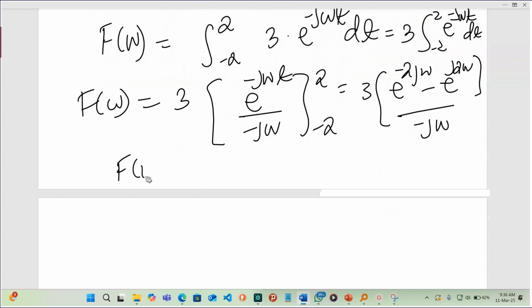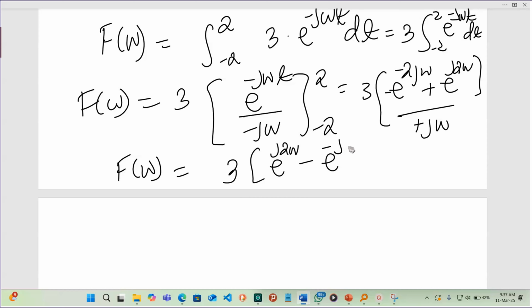So F of omega becomes, if I cancel this and that, then the negative comes here. So this becomes 3 times exponential of j2 omega minus exponential of negative j2 omega, divided by j omega.